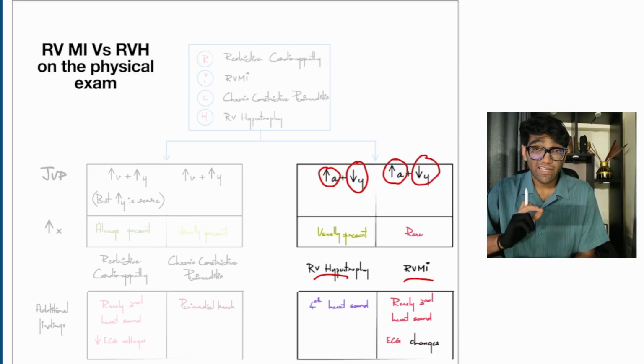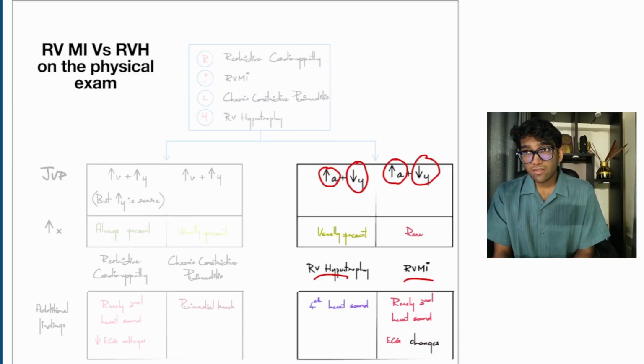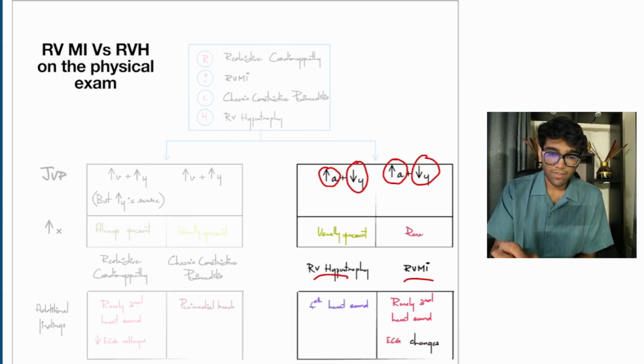What does differentiate is the X descent. Why does it happen? The X descent is initially the result of atrial relaxation, followed by the contraction of the ventricle. If you remember, this is the A wave, which is due to atrial contraction.